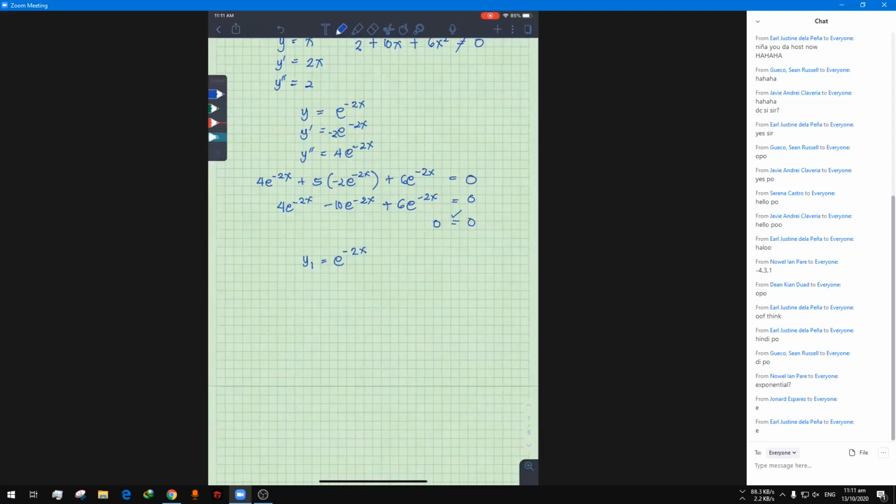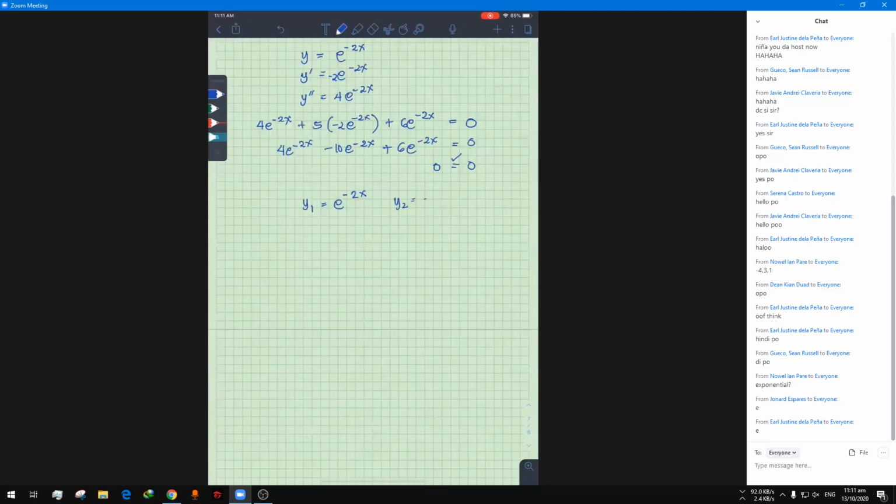Hirap naman siya, pinahuhula mo sa akin. Wala bang method dyan? Okay. Actually, ang pangalawang solusyon natin is e raised to -3x.